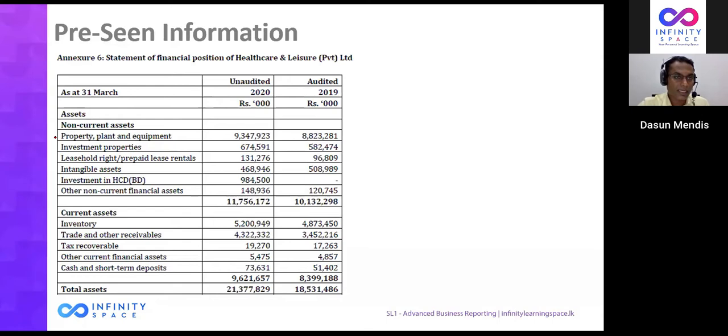So the PP&E, within that land and building is fair valued, and companies having an investment property. So the investment properties can be measured at fair value subsequently, and the fair value gains and the losses are taken to the income statement. There can be an impact on that. Then you have a lease here, like leasehold right.